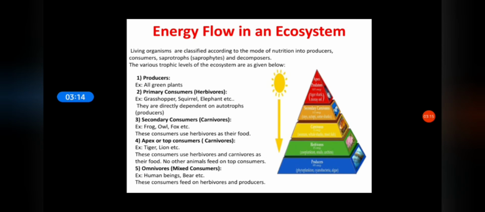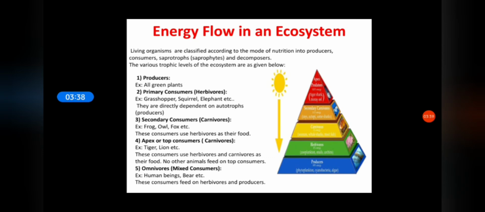These consumers use herbivores as their food. Example, frog, owl, fox, etc. Fourth, apex or the top consumers. These consumers use herbivores and carnivores as their food, and no other animals feed on the top consumers.